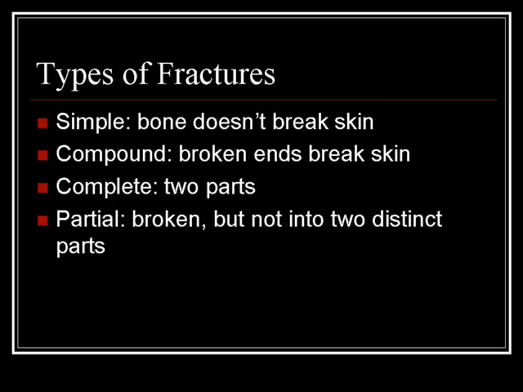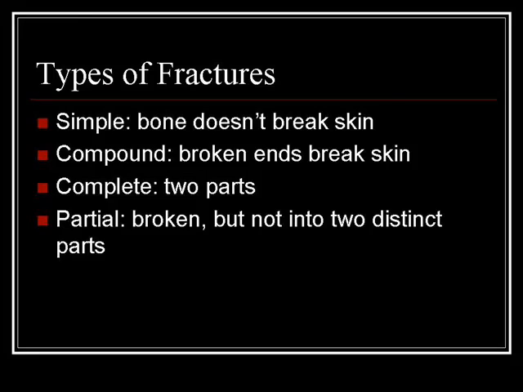The first one is simple, so a simple fracture. This is a type of fracture that does not break through the skin. The counter to this type of fracture is called a compound fracture. With compound fractures, the bone will actually break through the skin. It's pretty disturbing when you see it. The next two are actually kind of another pair, sort of opposites or counters to one another.